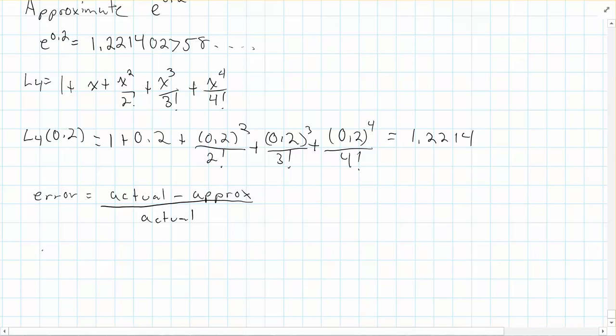So for this problem, the error is equal to, I'm just going to do this real quickly on my calculator. Apparently I'm not doing it that quickly.